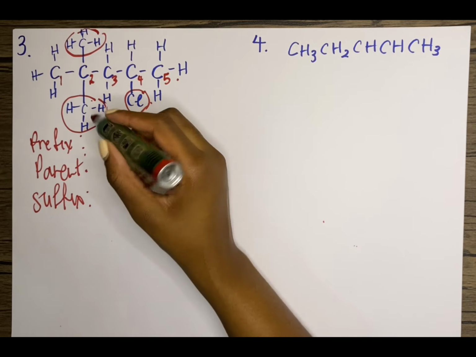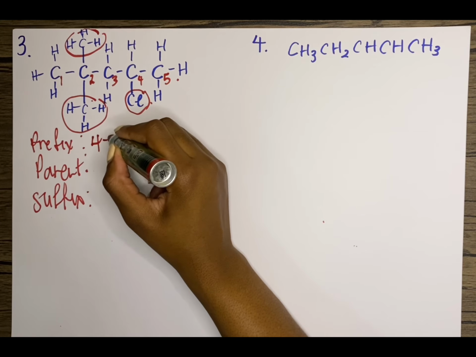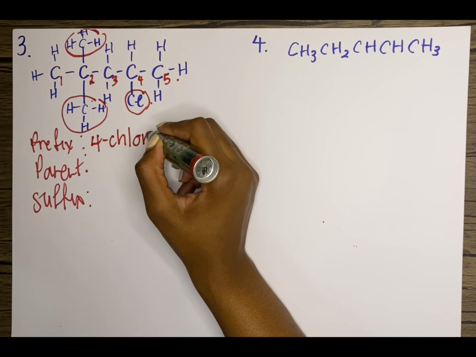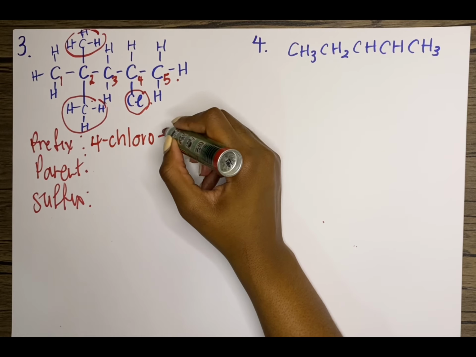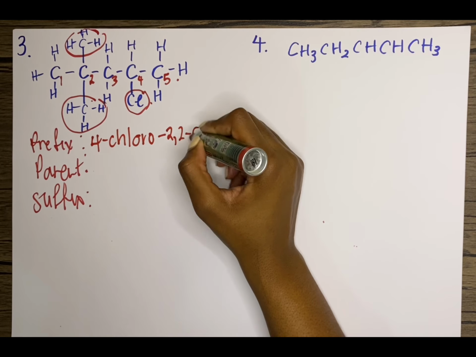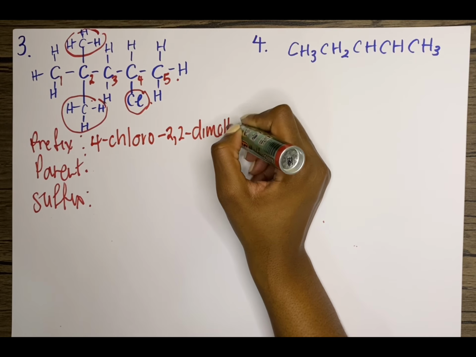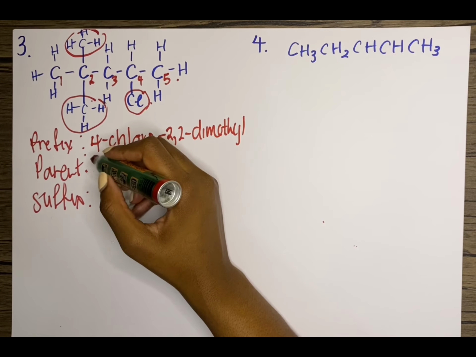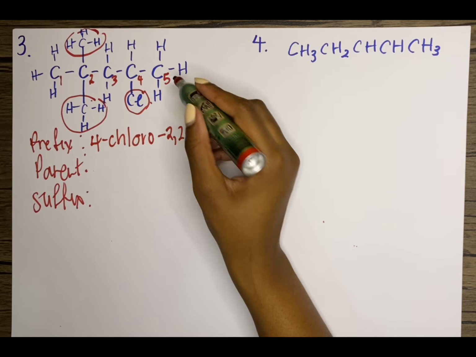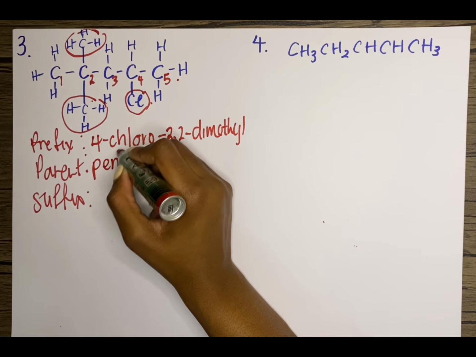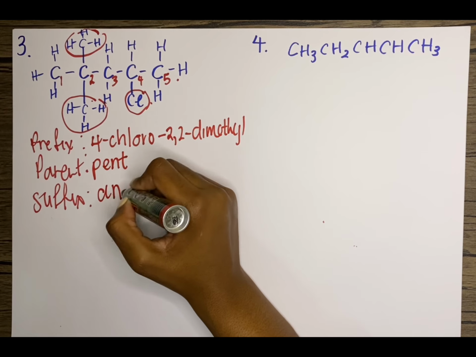Now, when I am naming, I don't name in numerical order, but I name in alphabetical order. So I'm going to start with the 4-chloro, and then I'm going to have 2,2-dimethyl, and then I'm going to have a parent chain of 5, so that's pent, and this is an alkane.